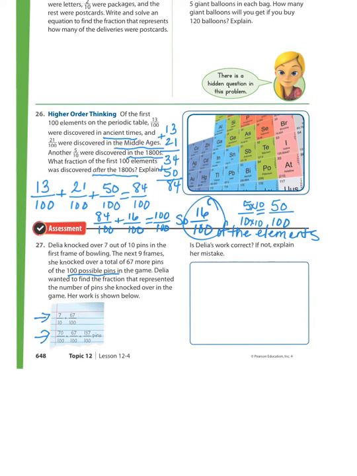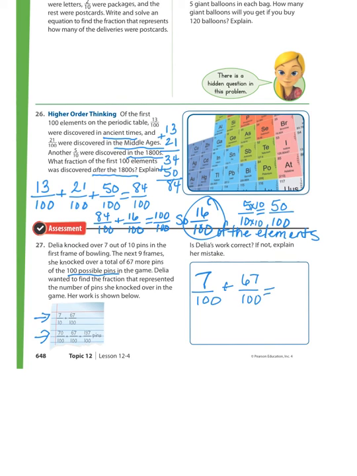Well, she made a little mistake. Instead of writing 7 out of 10 pins, she should have written 7 out of 100 total pins plus 67 out of 100 pins.